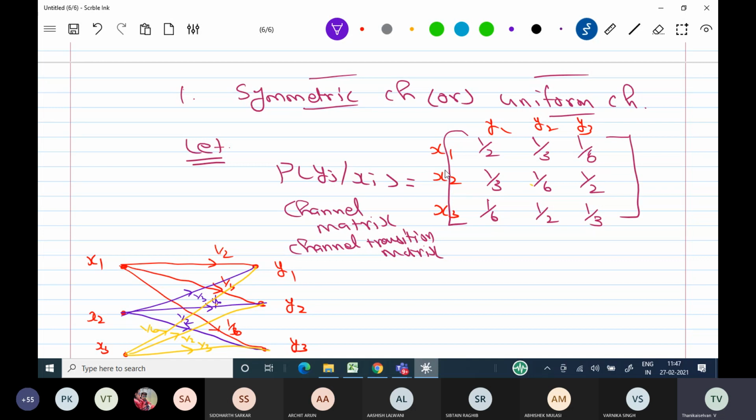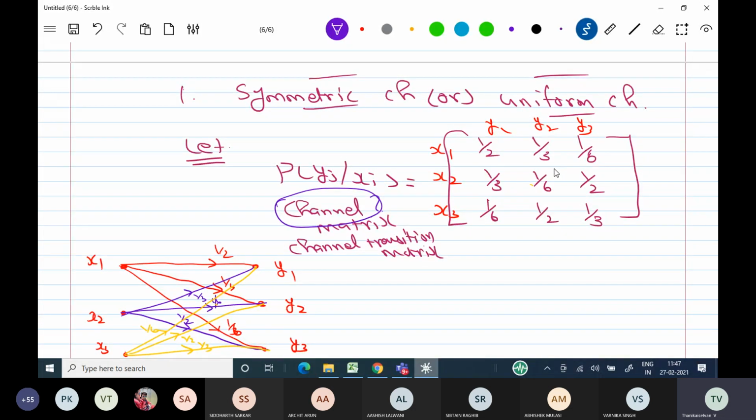It is a conditional probability matrix, a channel matrix.